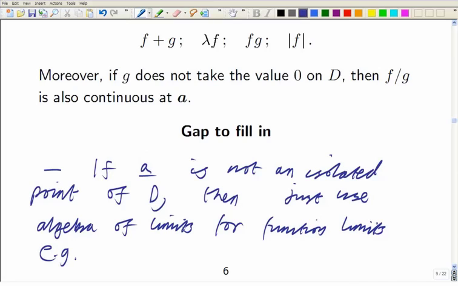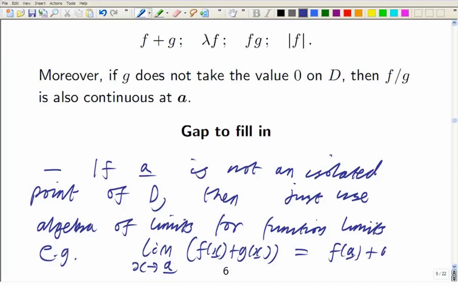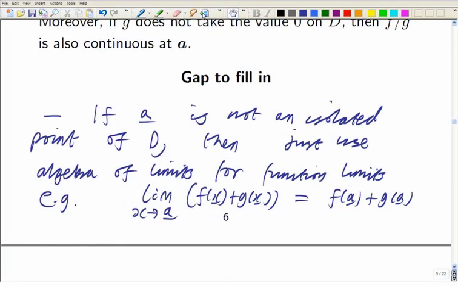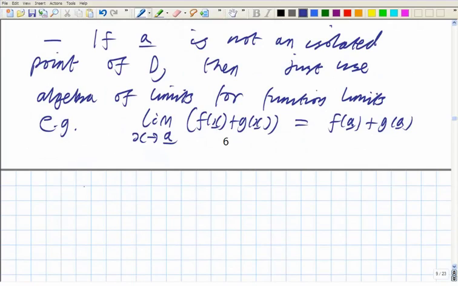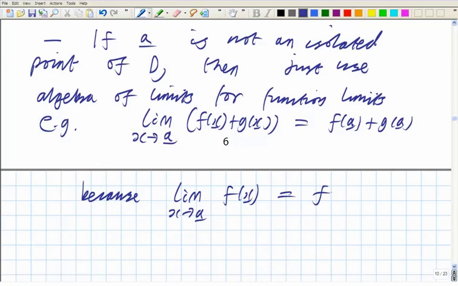For example, limit x tends to A of f of x plus g of x will be f of A plus g of A, because limit x tends to A of f of x equals f of A. That's the continuity of f.